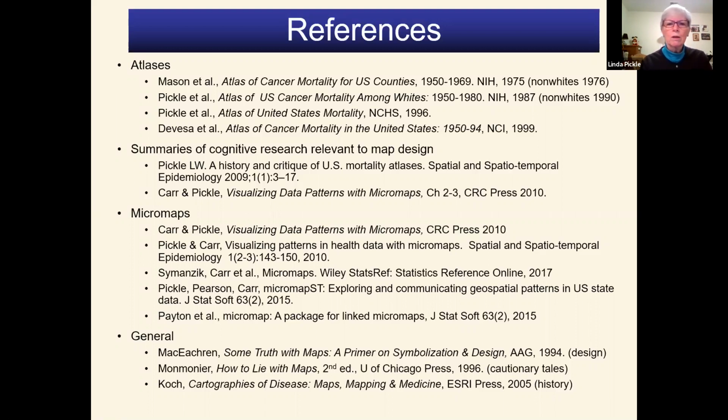Chapter 2 in our book summarizes all of this work, plus brings in all the relevant literature from others, like from cognitive psychology, such as by Bill Cleveland. If you're interested in the R packages, this issue of Journal of Statistical Software in 2015 has back-to-back articles by our group talking about micromapST and the EPA group talking about micromap.